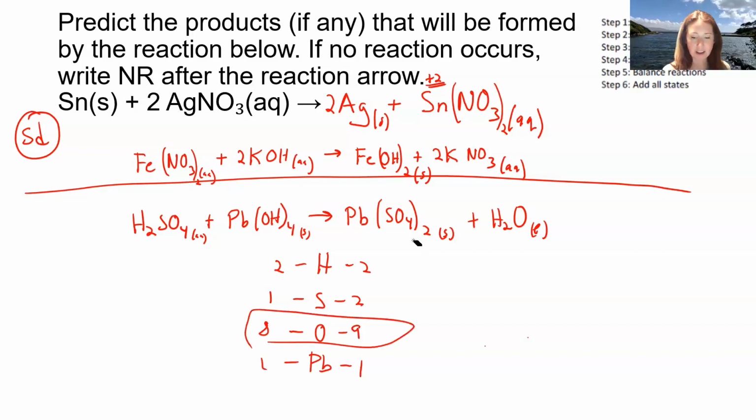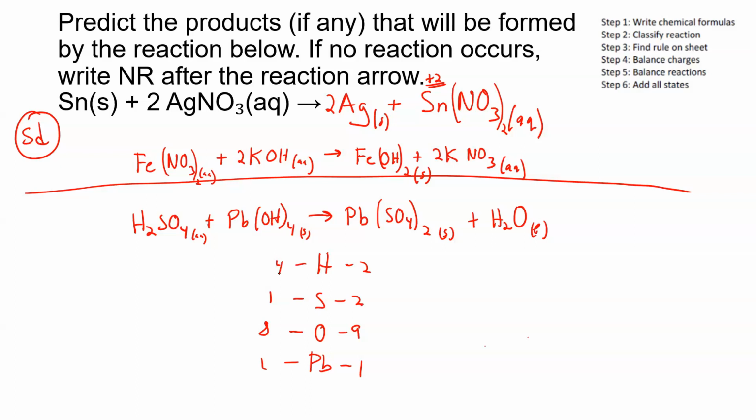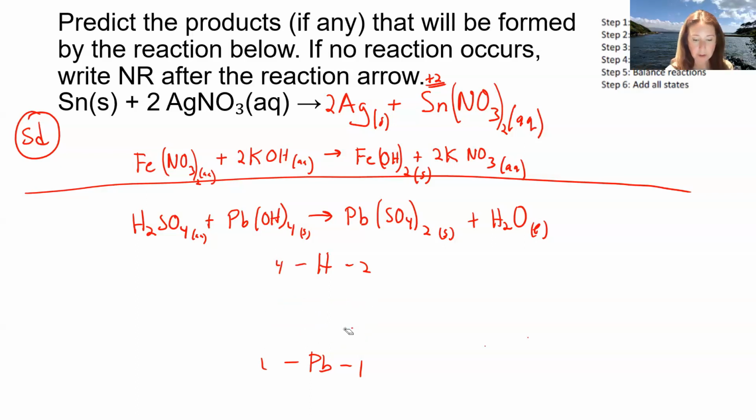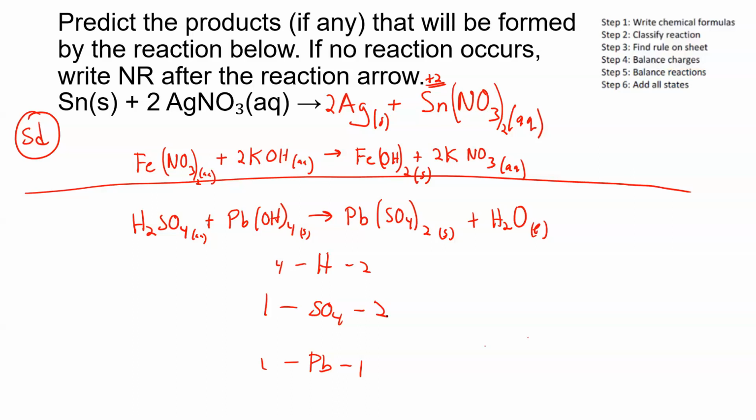So the first thing I thought, I'm going to try the H's. What I did is I did SO4 as one of them instead of S and O separately. Yeah, we could totally do that one. So it's 1 and 2. So the H's, that's what I tried first. But see how now it doesn't.